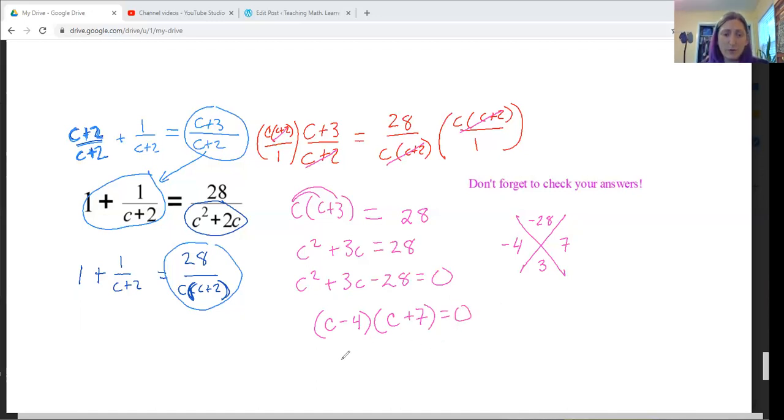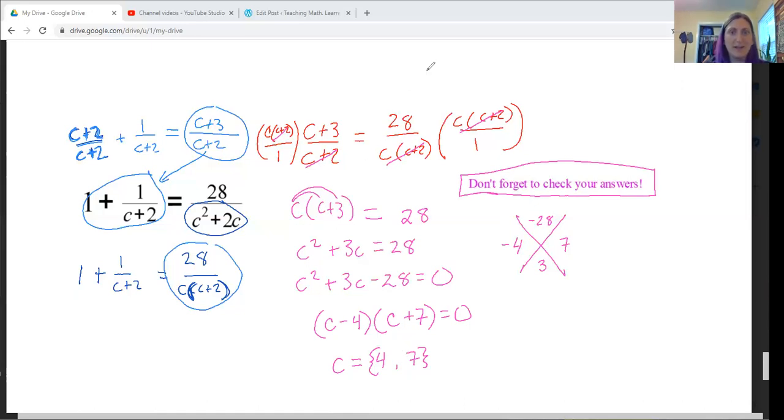And therefore, c is equal to 4 and 7, maybe. Remember, this is a rational expression. We need to check our answers. Okay, so let's plug them back in and find out.